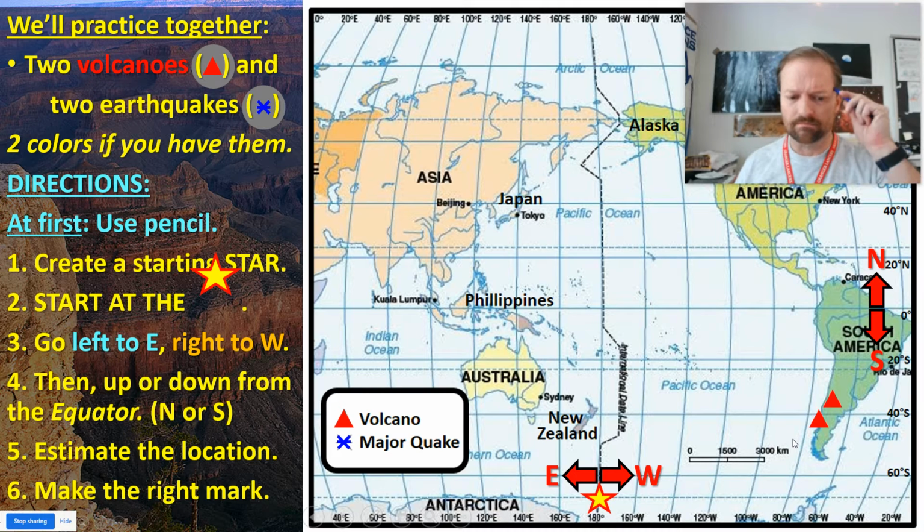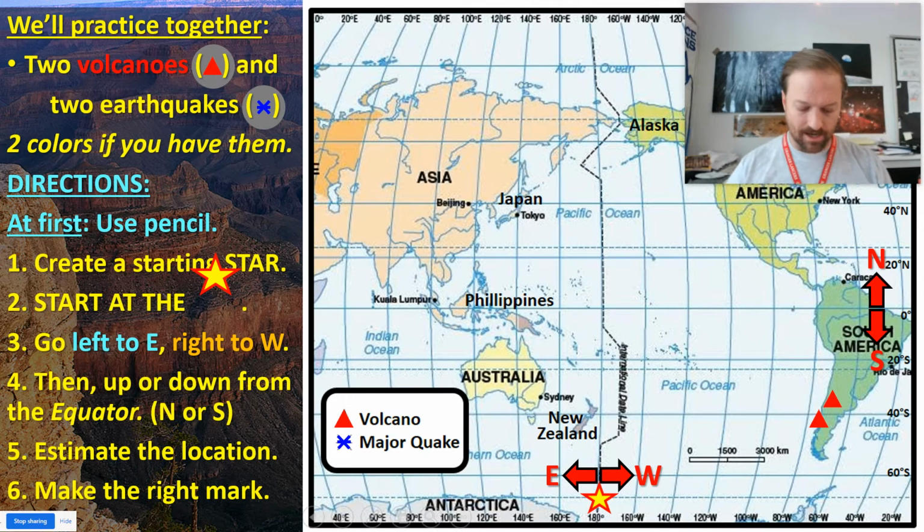Little sanity check here. Is it possible for an earthquake to happen under the ocean? Could earthquakes be in the crust under the water? They could. They happen all the time. These sub-ocean earthquakes.